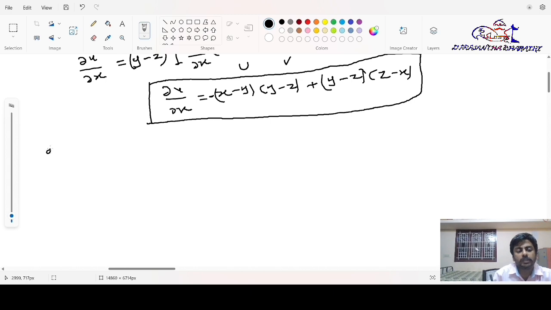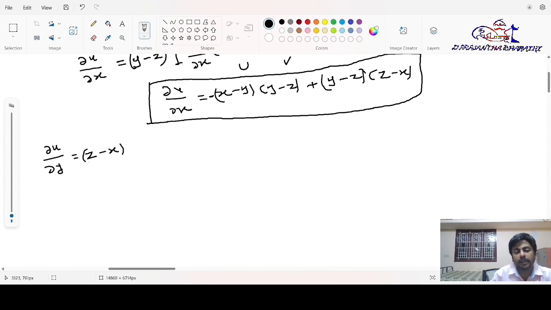Second thing is dou u by dou y. That is equal to: we have to take the term which does not involve y. In x minus y we are having y, in y minus z we are having y, but in z minus x we are not having y.